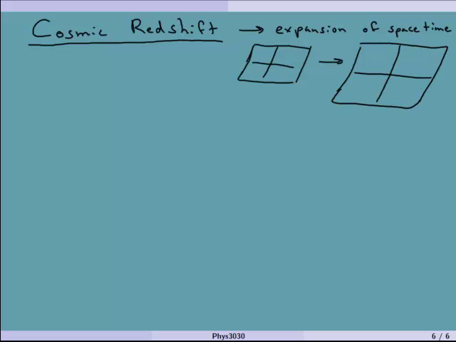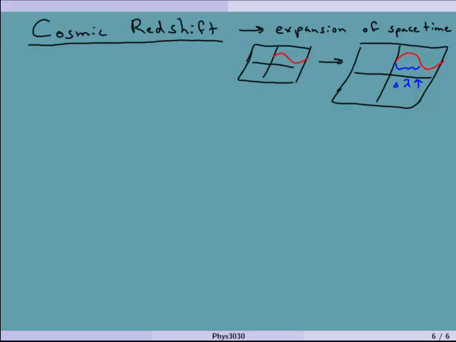As the grid of space-time expands, a wave that's sitting here in this space-time expands here, right? And because it expands, the wavelength gets bigger. So the change in wavelength is positive, it gets bigger, and that basically redshifts us.